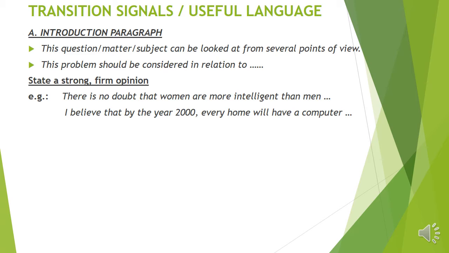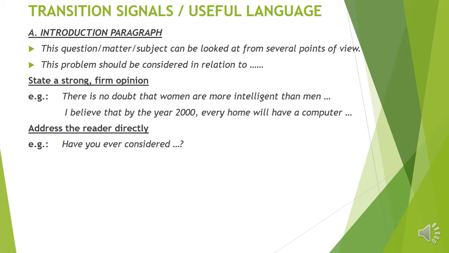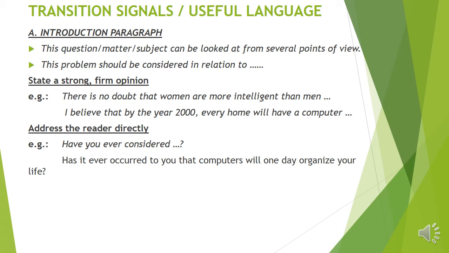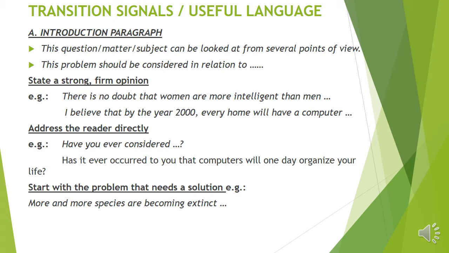I believe that by the year 2000, every home will have a computer. Address the reader directly: have you ever considered? Has it ever occurred to you that computers will one day organize your life? Start with the problem that needs a solution. For example, more and more species are becoming extinct. As time passes, our lives will be controlled by computers.